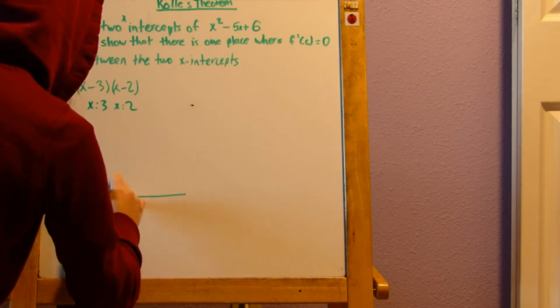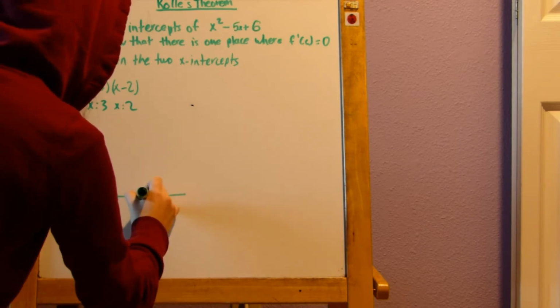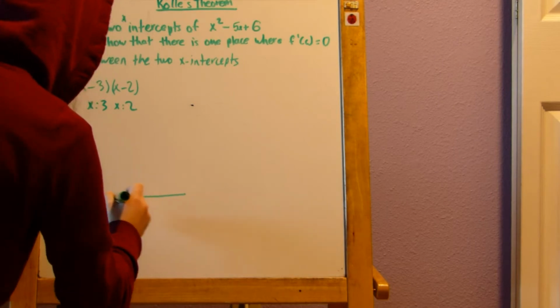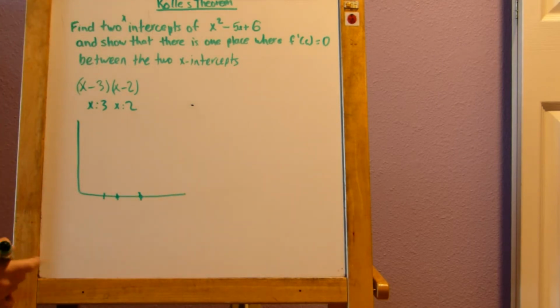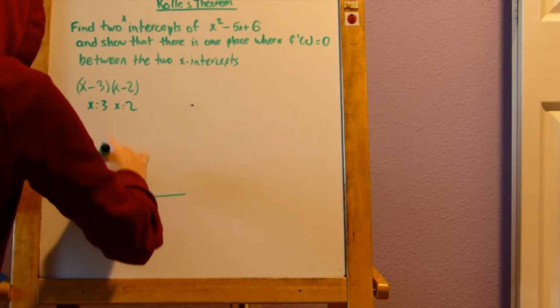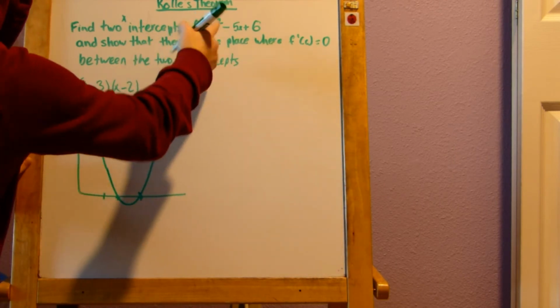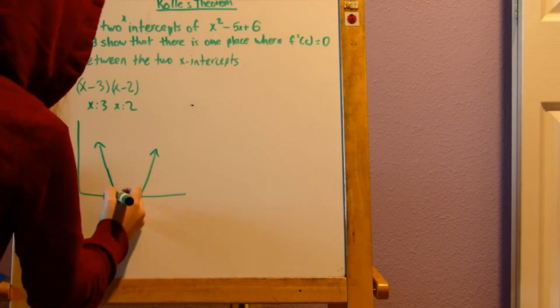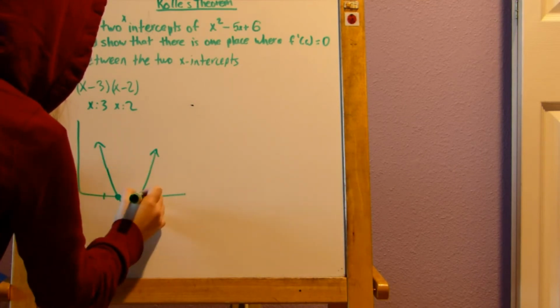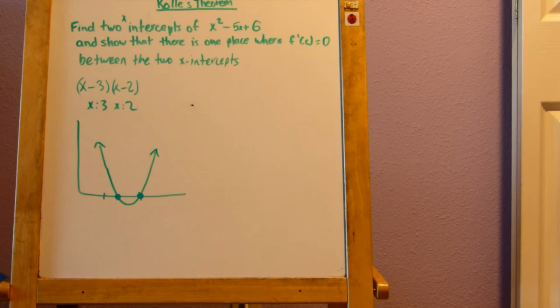At 3 and 2, there are going to be x-intercepts. Let's say our function is something like this, because it's a quadratic. x-intercepts here. Okay, so we've done the first part of the problem.